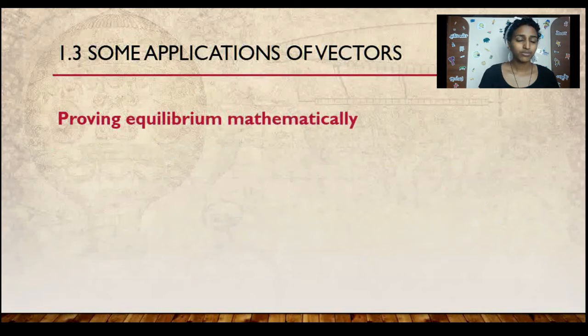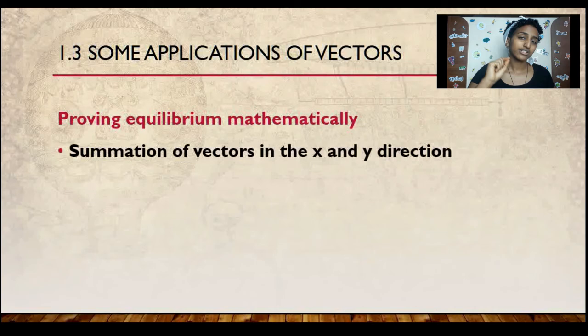Next, how do you mathematically prove equilibrium? Well, what you do is find the summation of vectors in the x and y direction. You'll remember that when we resolve vectors, we split the components, then we add the components in the same direction. So if we add all the y's together, and all the x's together, and the resultants become 0, that is equilibrium.